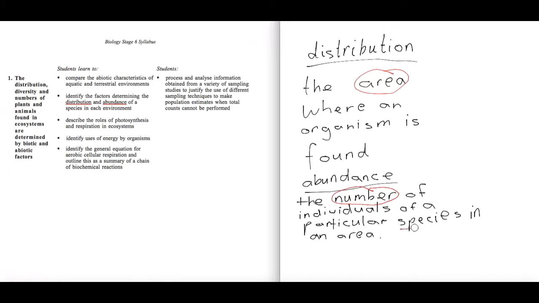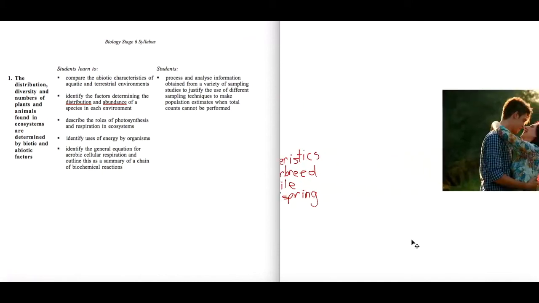So what do we mean by a species? Well, the organisms within a species have common characteristics. The individual organisms can interbreed with one another, okay, and they can produce fertile offspring. So an example of a group of species which you could count the abundance of would be us, so humans.